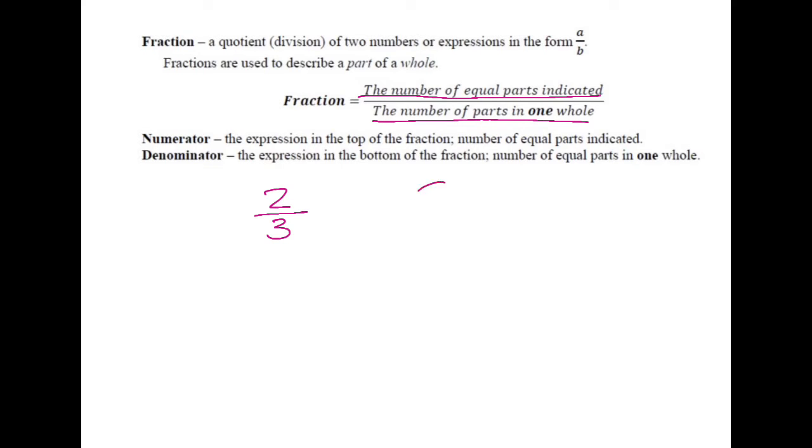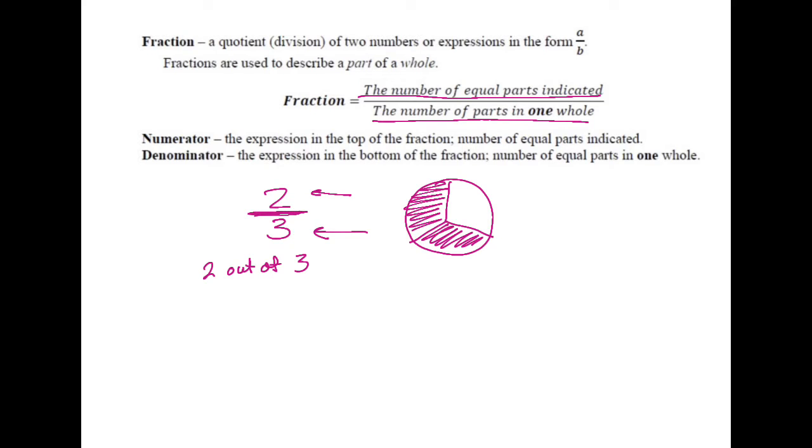If I were to have that circle divided into 3 parts, I only need 2 of them. That's all I'm talking about is 2 of them. So I want 2 out of 3. That line right there basically means out of.